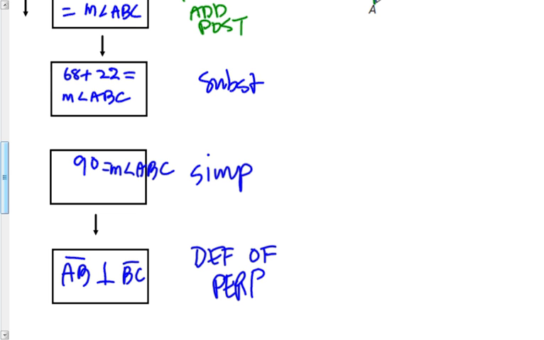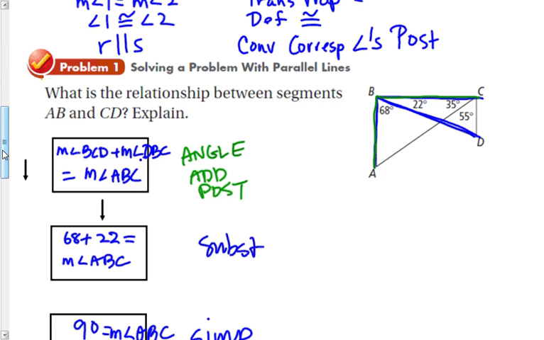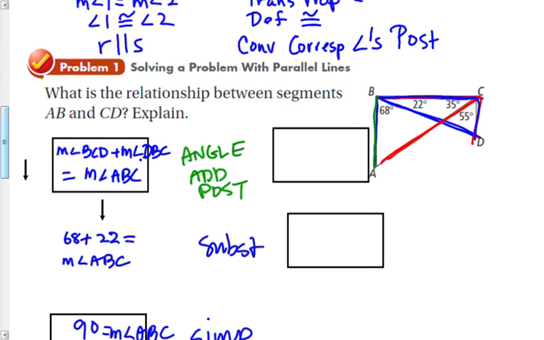By doing the exact same thing with these other angles, with this angle adding up to this angle, we get the exact same result. So I'm going to put those over here with 4 more boxes. I'm just going to do that. Pause here.